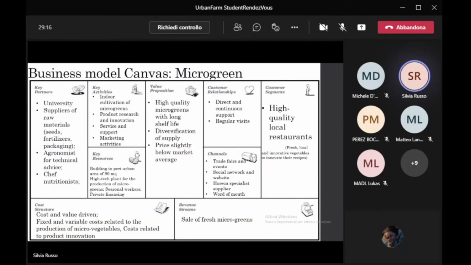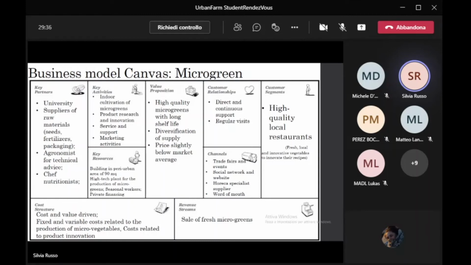And so the value proposition of the company is high-quality materials with long shelf life, diversification of supply, and low price to the customer.